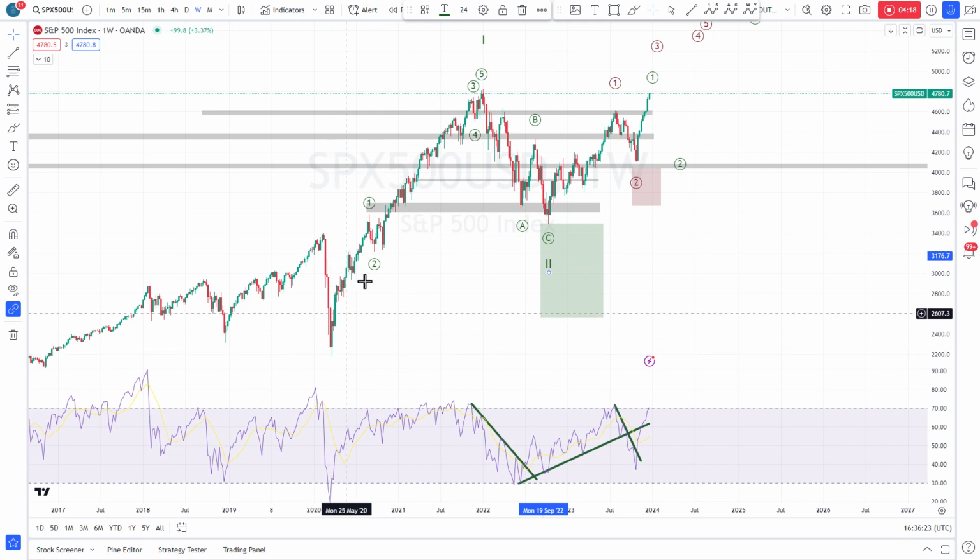So it would mean that we have our wave 1 right here, and now we are doing a corrective structure in 3, 1, 2, 3 as our wave A. Then this move would be corrective as a wave B, and then we can probably count it as A, B, C, and from this high, we can have an impulse down as a wave C in 5 waves, even taking out the low right here. So this would be my bearish scenario in the weekly time frame.